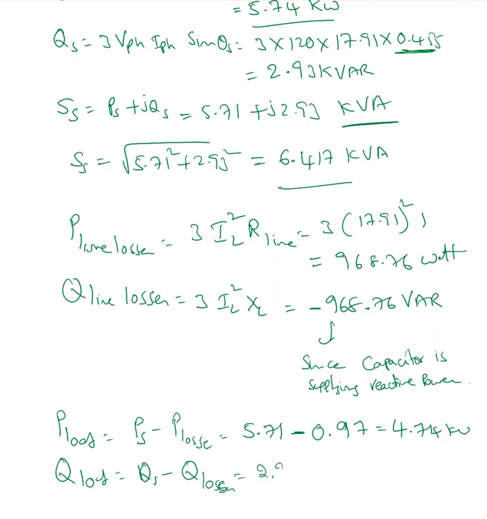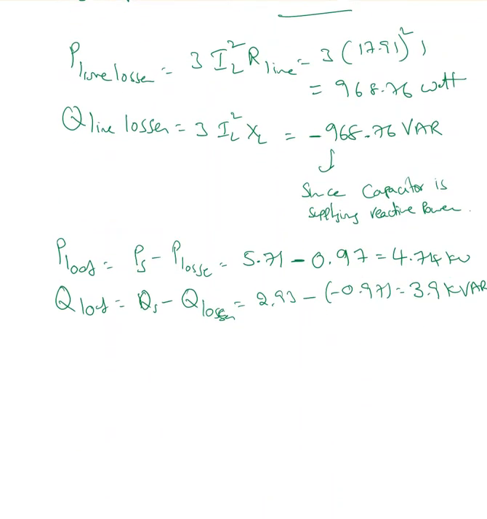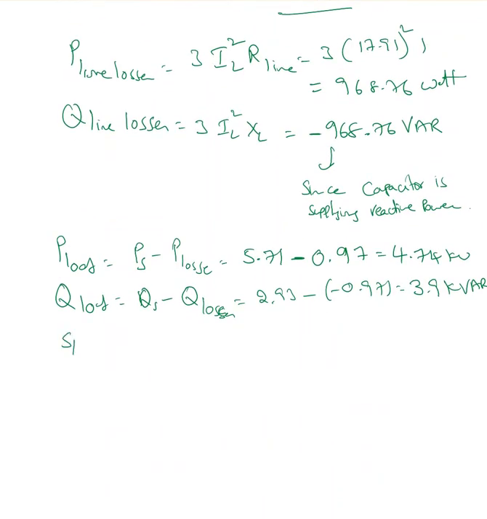So 2.93 minus of minus 0.97, that value is 3.9 kVAR. From here you can find S load equal to 4.74 plus j3.9 kVA. That's the final answer.